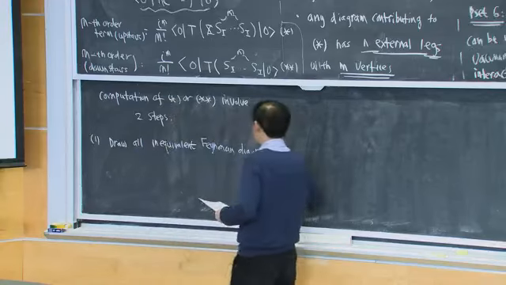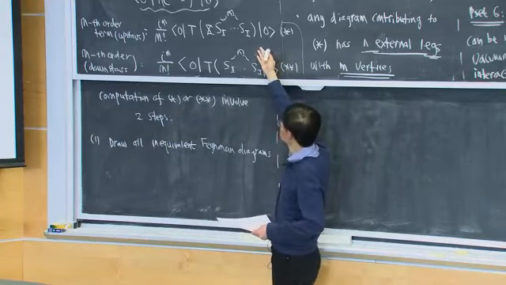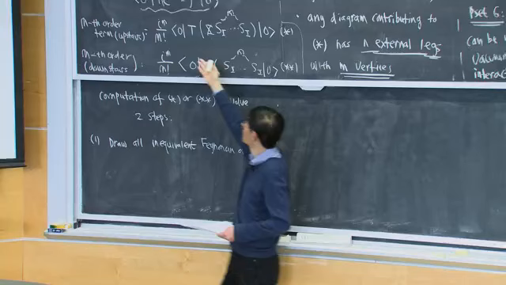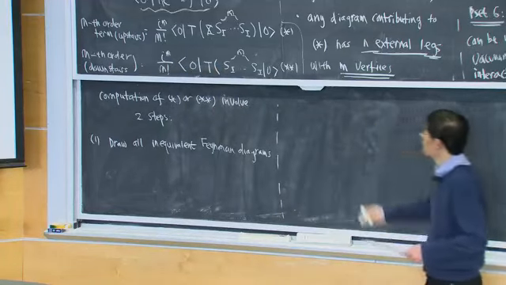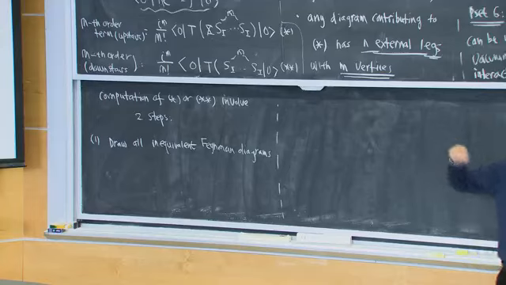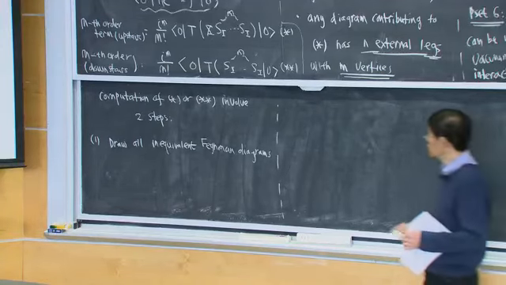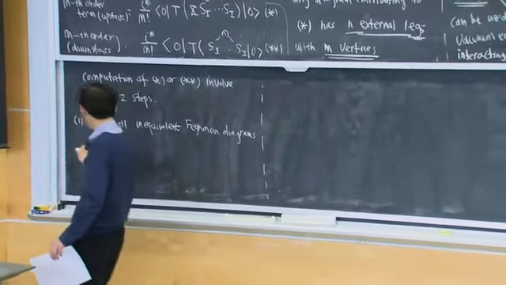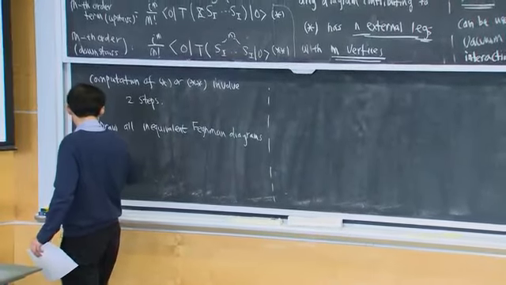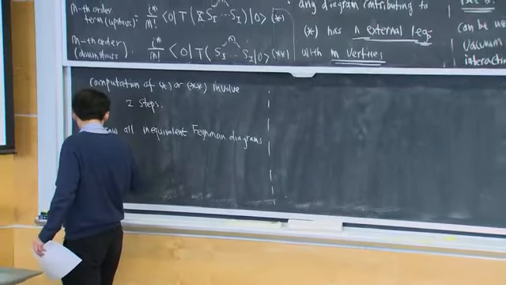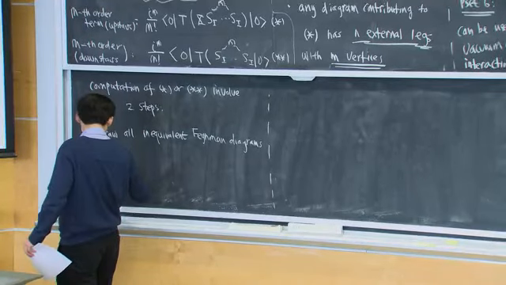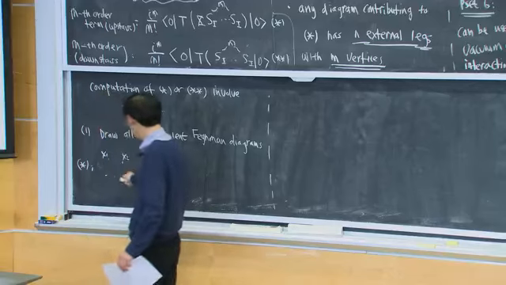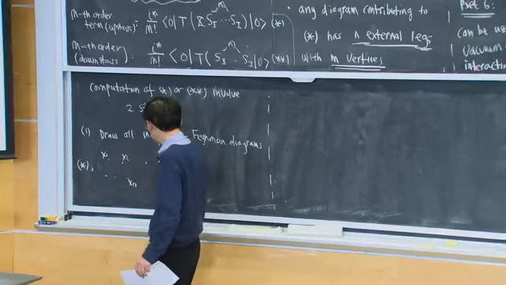In this case, at each mth order, you have n external points and then you have m vertices.